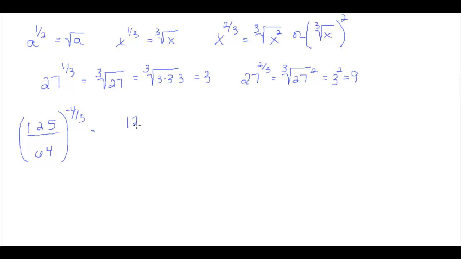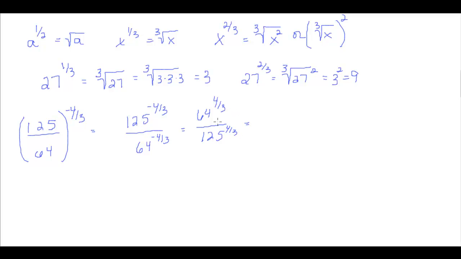This would mean 125 to the negative 4/3 over 64 to the negative 4/3, so go ahead and apply that outside exponent to everything inside. Now, what does a negative exponent mean? This actually means that this is 64 to the positive 4/3, and this is 125 to the positive 4/3. So we rearrange things, and now I've got myself down to positive exponents.